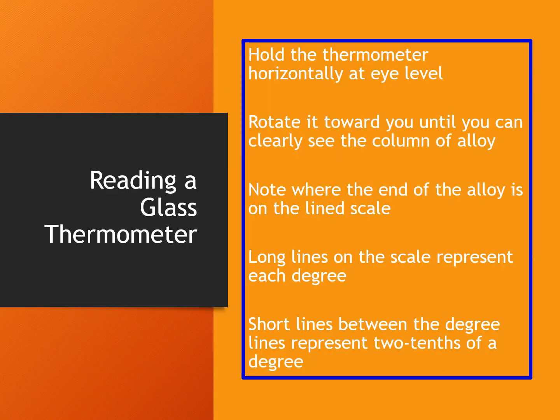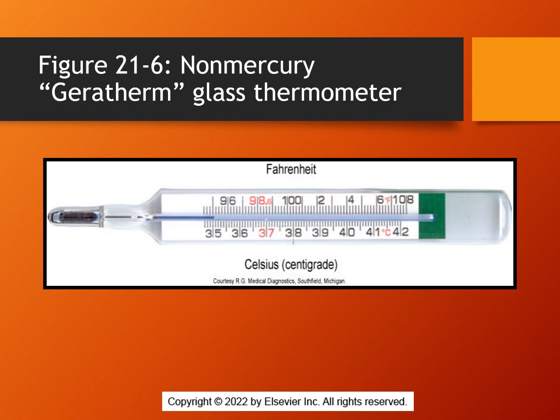And if you want to read it, it's kind of hard because you have to hold it horizontally and wiggle it back and forth a little bit to see where that column is. It says column of alloy. It used to be mercury. I guess it's not mercury anymore, but that's what rises. Oh, see, non-mercury.